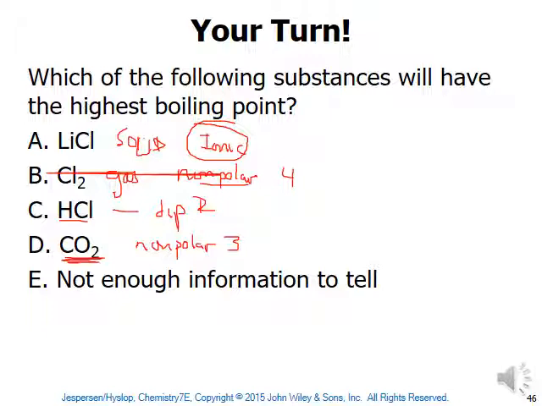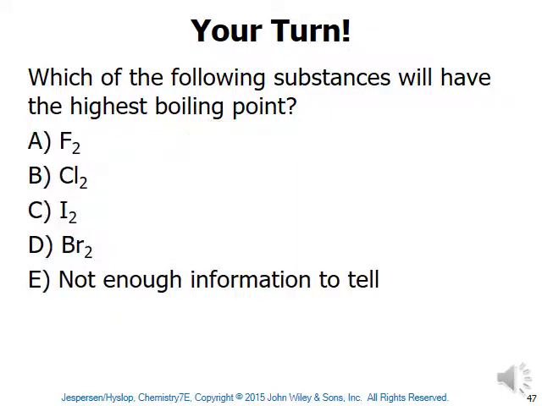Right, I think that's it. Oh, we got one more, I think. Which of the following substances will have the highest boiling point? Which one of these will have the best interactions? In this case, you have to look at the size of the atom, because they're all in the 17th column. They're all halogens, and they're all nonpolar because they have the same things attached: F2, Cl2.